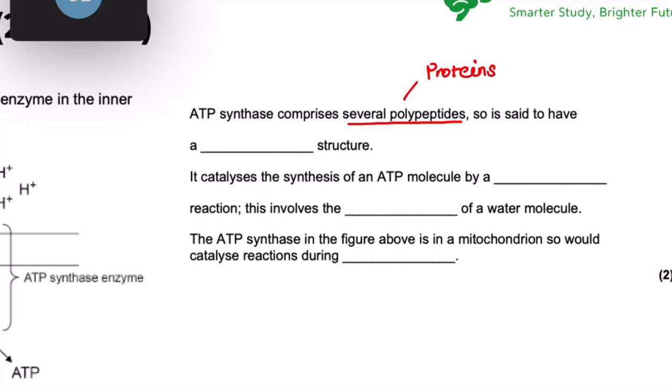The structures of proteins include the primary structure, the secondary structure, the tertiary structure, and the quaternary structure. These are the four structures of a protein.